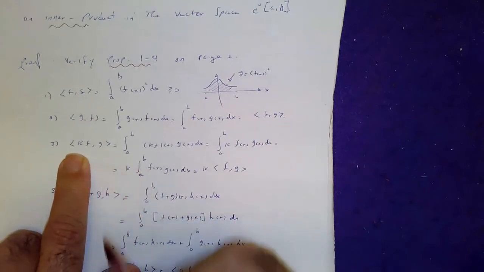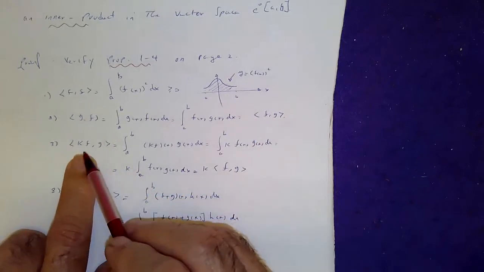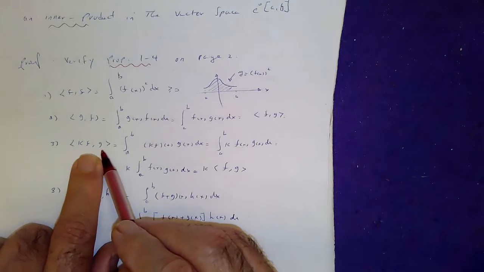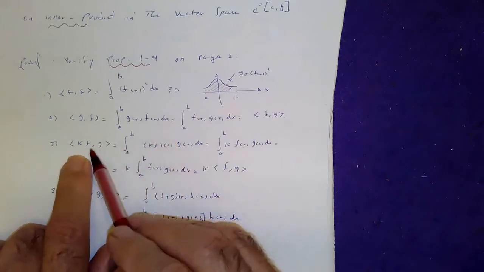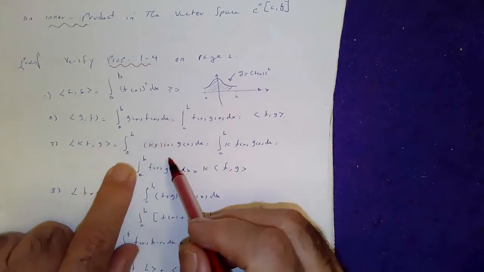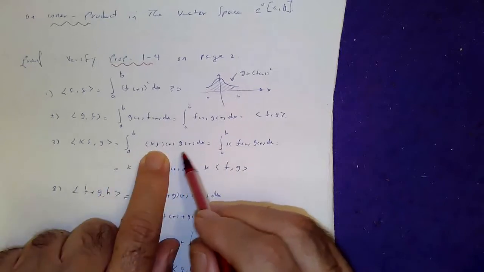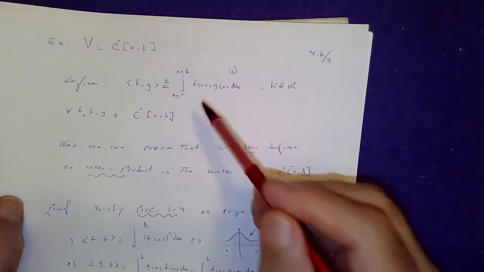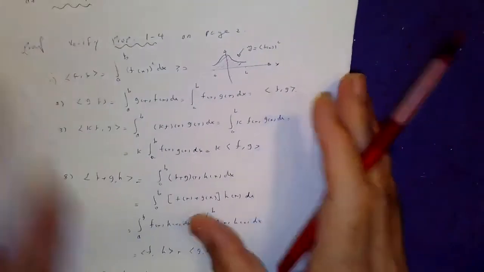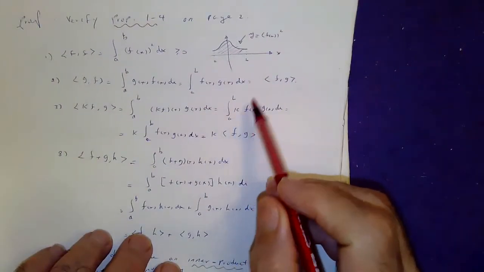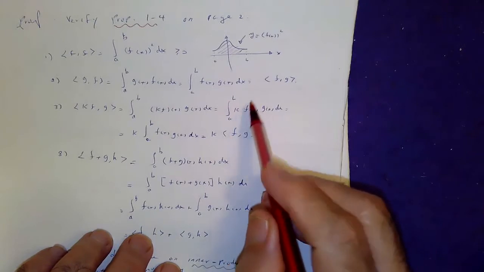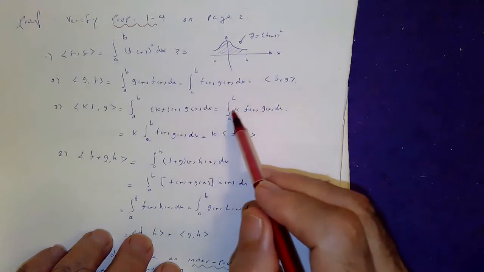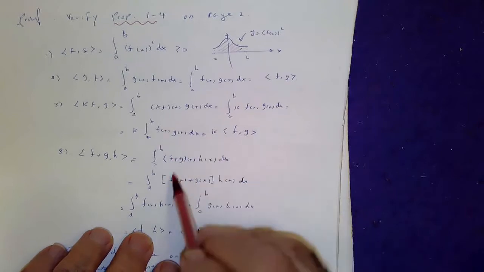Now the homogeneity axiom. The inner product of kf with g is the integral of kf(x) times g(x), according to the way the inner product is defined in this particular problem. Due to the properties of antiderivatives, I can pull the k out because k is constant.